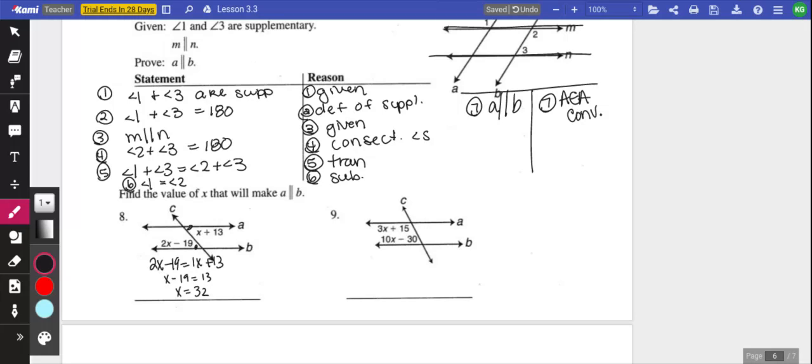On this one, they're same side interior, so they are consecutive, so they equal 180. So 10x minus 30 plus 3x plus 15 equals 180. 13x minus 15 when I combine like terms. 13x equals 195. And 195 divided by 13 is 15.